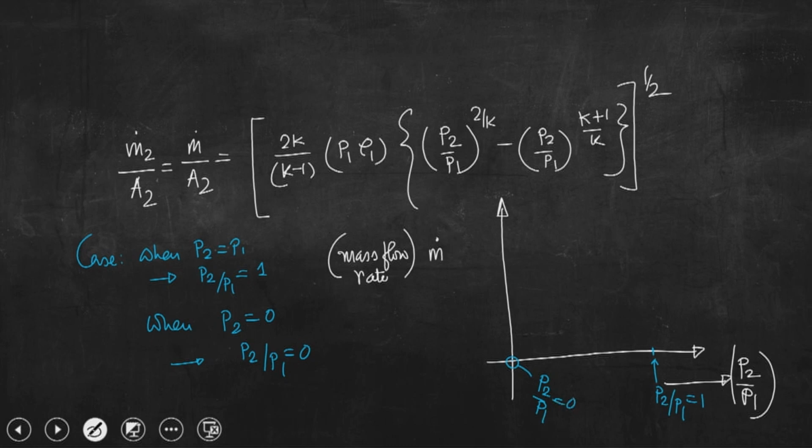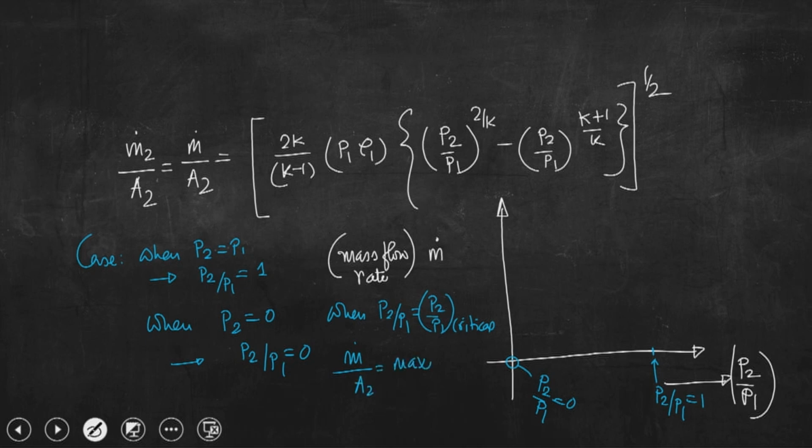So, that means we can see that mass flow rate is equal to 0, and somewhere at the critical pressure ratio, it will be maximum. So, when P2 by P1 equal to P2 by P1 critical, m dot by A2 is maximum.